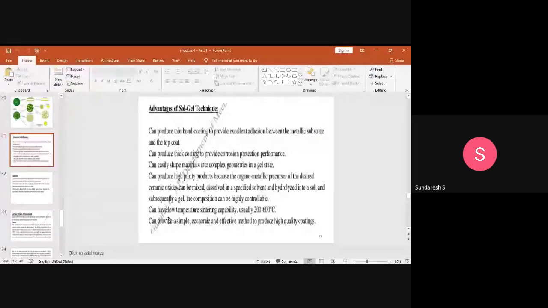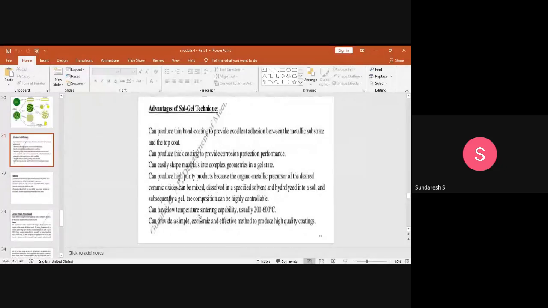It can produce high purity products because of the organometallic precursors. It has low temperature sintering capability, usually 200 to 600 degrees centigrade. It can provide a simple, economic and effective method to produce high quality coatings. So these are some of the advantages.